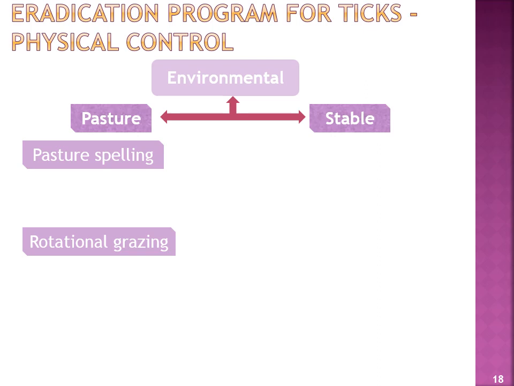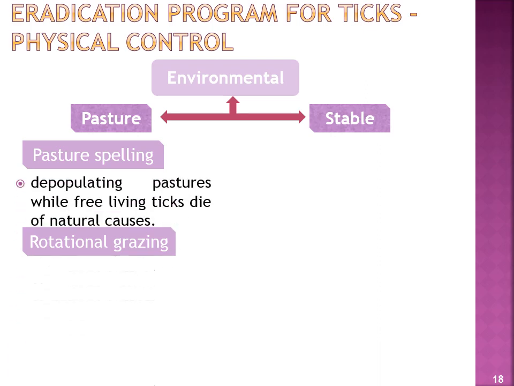The physical control of ticks on the environment. The animal may live in a stable or in a pasture. When we want to make a physical control in a pasture where the animal is grazing, we can just make depopulation, preventing the animal from grazing in this area and choosing another area, maybe beside or neighboring it.